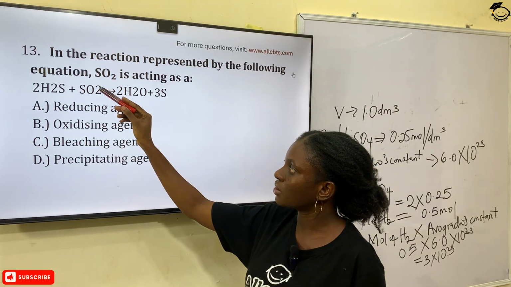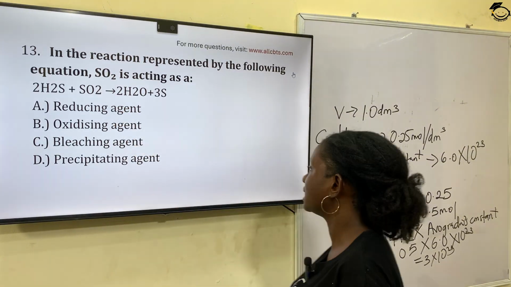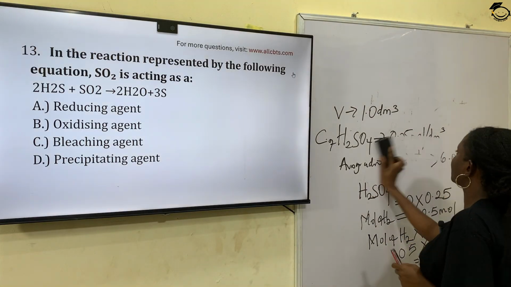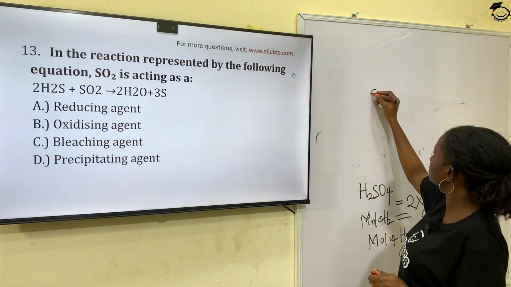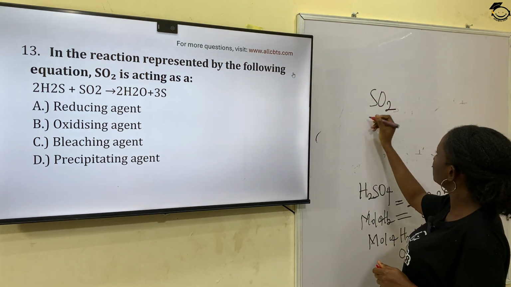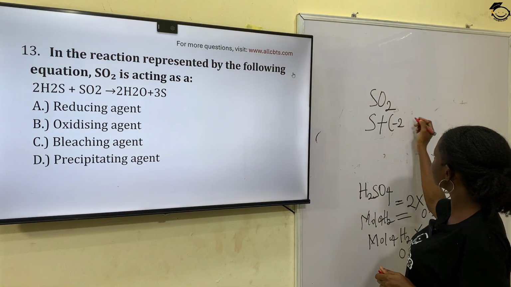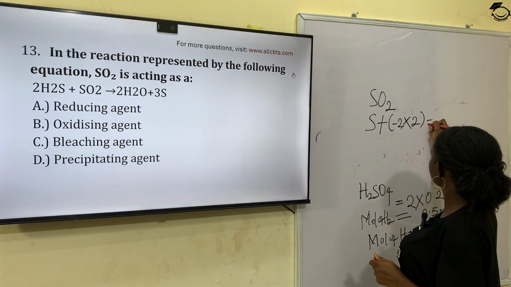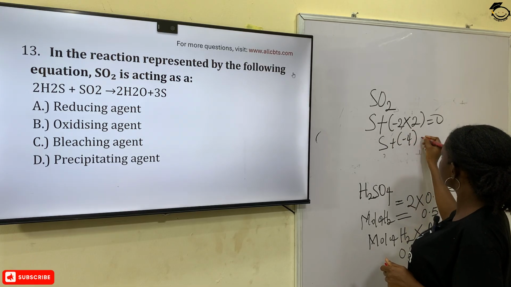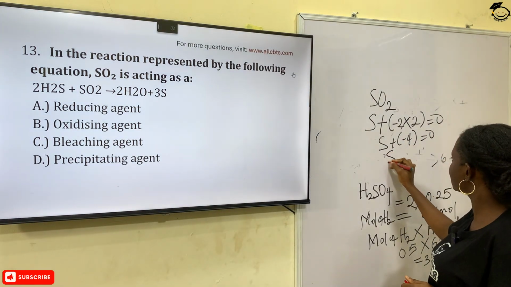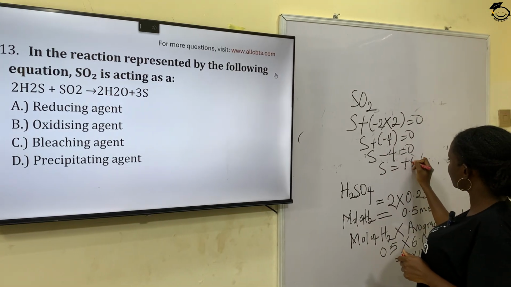If you calculate the oxidation number of sulfur here in SO2, let's calculate it. The oxidation number of sulfur, that's S plus 2 times minus 2 for oxygen is equal to 0. S minus 4 is equal to 0. S is equal to plus 4.